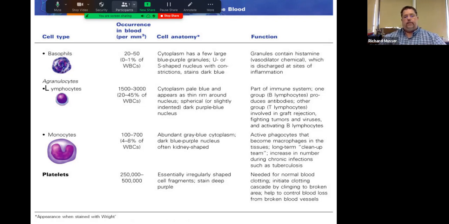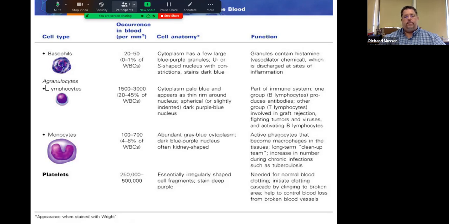You can imagine these large nuclei are important for all the different proteins that the immune cells make. There are B lymphocytes that produce antibodies, and then T lymphocytes that help fight tumors and viruses, and activate B lymphocytes. So these are the cells responsible for making antibodies.